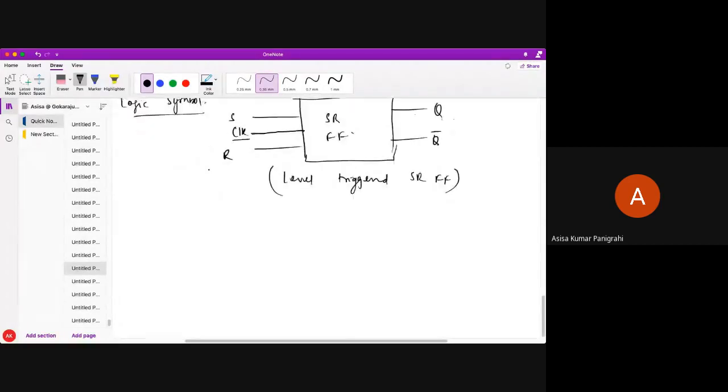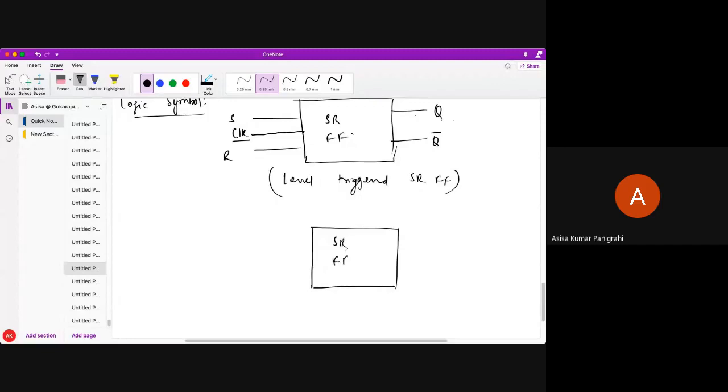I will discuss this in a better way in the timing diagram, don't worry. Another SR flip-flop symbol is like this. This is my SR flip-flop, this is my S and R, and the clock pulse with an arrow, and this is my Q and Q bar. This is called positive edge triggered SR flip-flop.